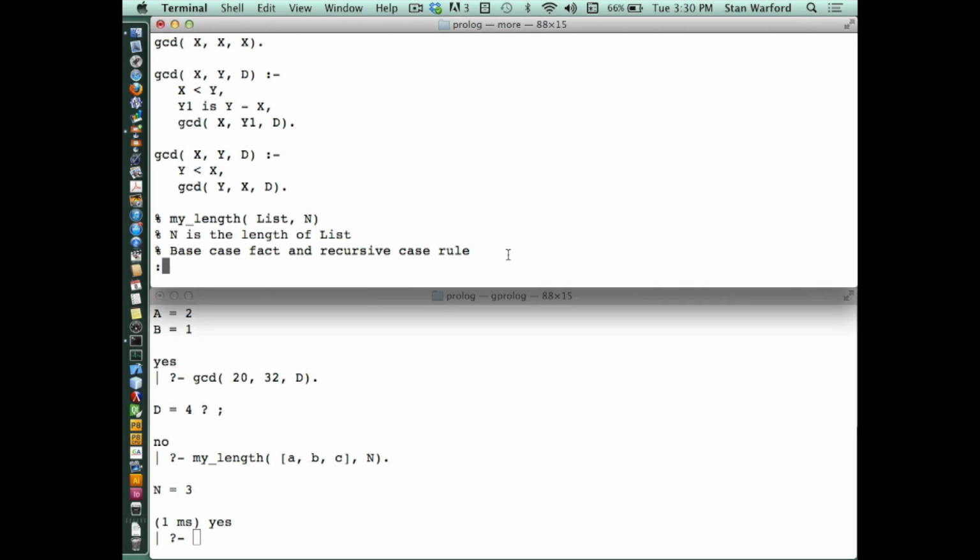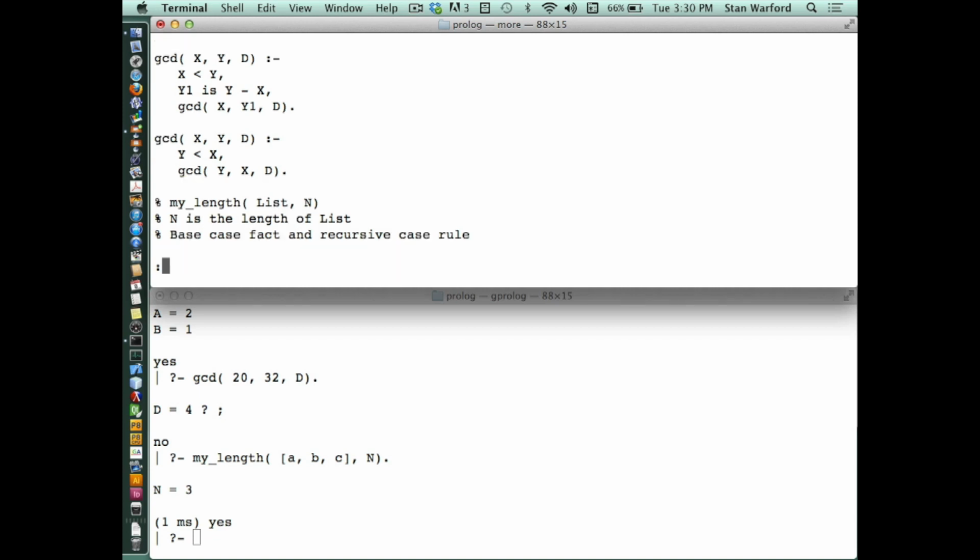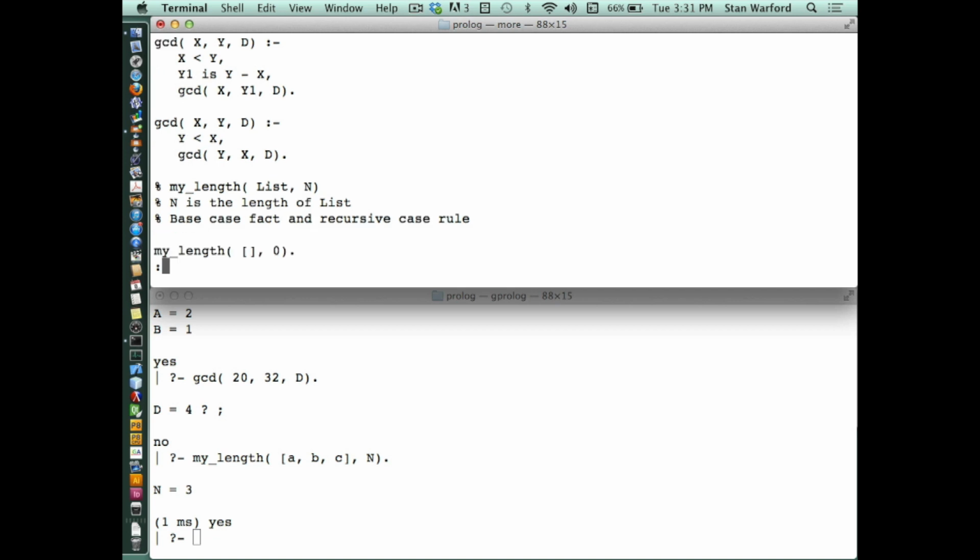So how can you do this? My length. Can this be a fact for the base case? Or okay, so what would it be? Empty list, comma, 0. Yeah, empty list, comma, 0. Isn't that slick? Now there's a paradigm shift for you.